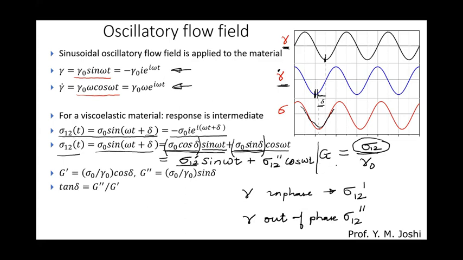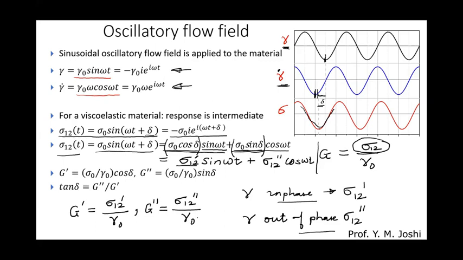Now modulus has a very uniform definition: it is stress divided by gamma 0. So based on this in-phase part and out-of-phase part, we now define G prime to be the modulus associated with that stress which is in phase with strain. So we call it sigma 12 prime divided by gamma 0, while we'll now represent G double prime as sigma 12 double prime divided by gamma 0.